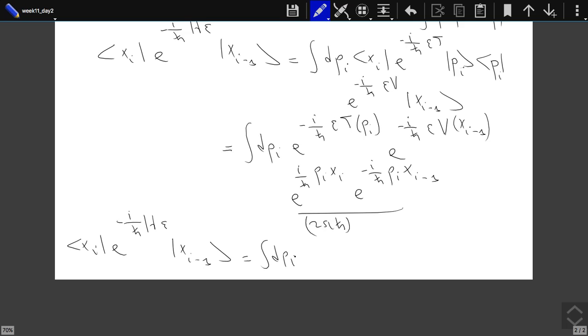So this is e to the power i over h bar pi times xi minus xi minus 1, minus epsilon times H of pi, xi minus 1.